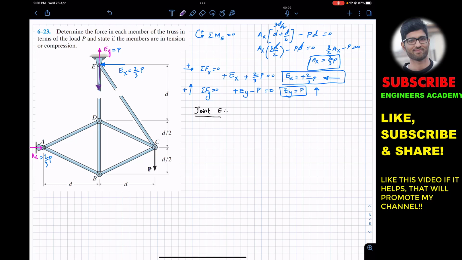If it is in tension, the force applied by this member on this pin at E will be acting away. So this is FED, and let's say that the member CE is also in tension. So this is FCE.